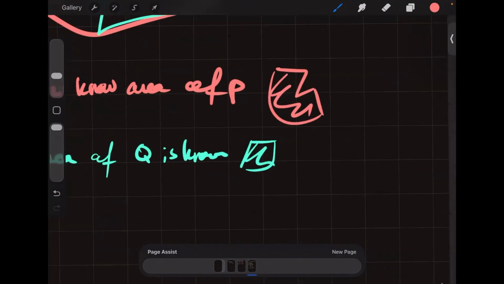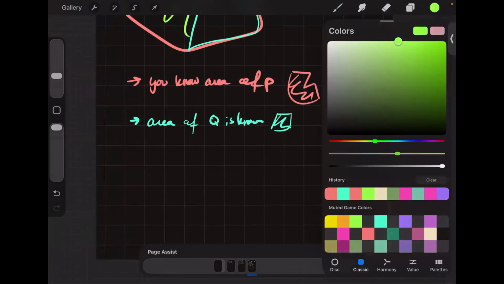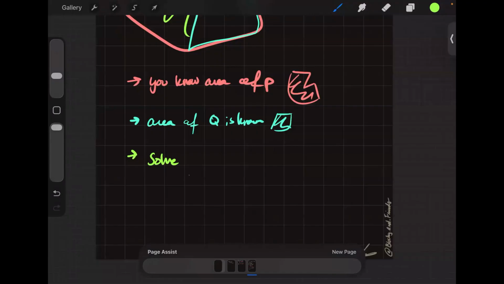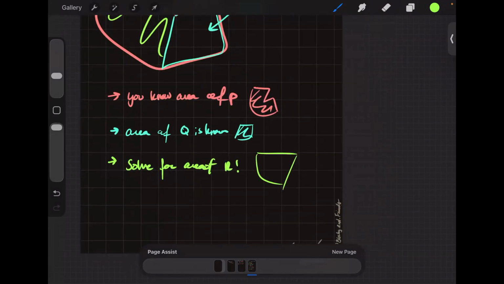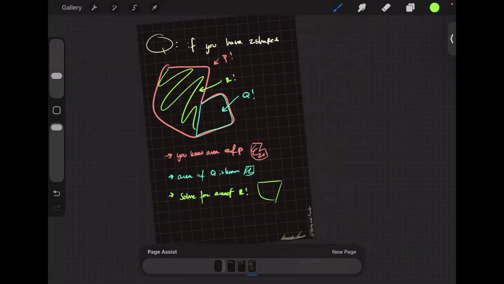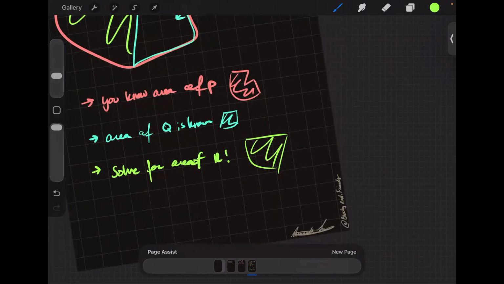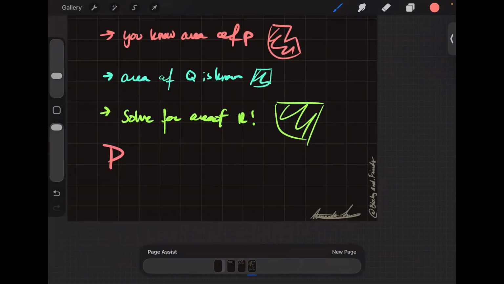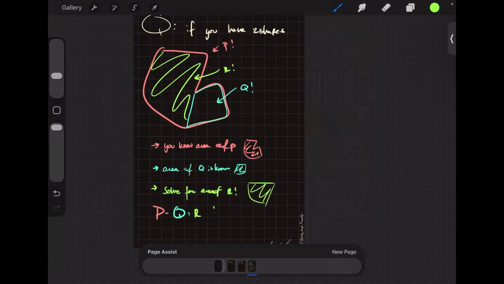How do you find the area of R? R is that pocket-shaped thingy, right? How would you do that? Reasonably, you'd say, oh, the area of P minus the area of Q is equal to the area of R. Reasonable.